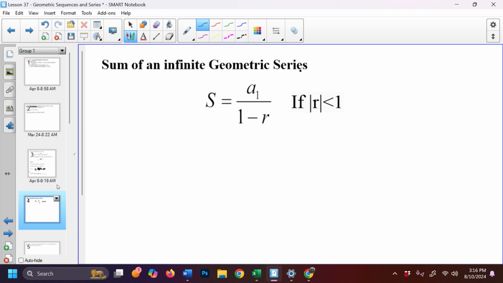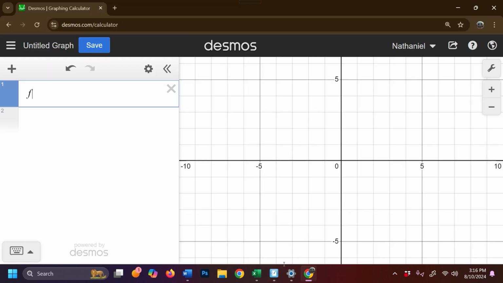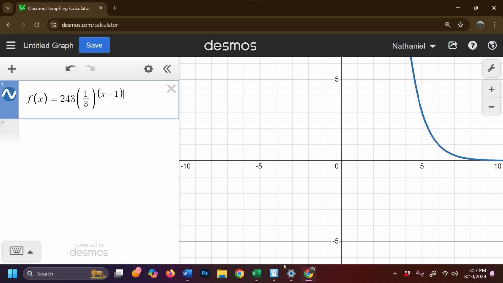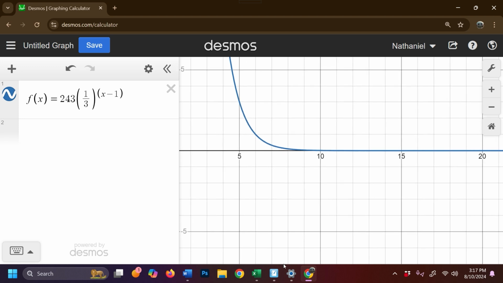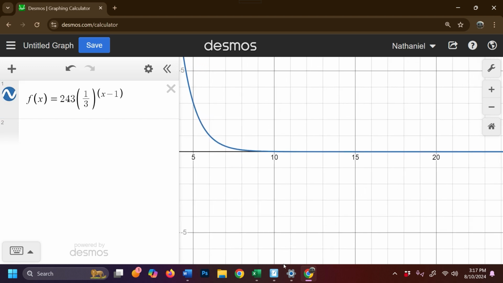But you can see very quickly. Let's just put that sequence into Desmos. f of x is equal to 243 times 1/3 raised to, and we need a parenthesis because we're going to go x minus 1 in the numerator. You can see really quickly that by the time I get to 15, I can't tell the difference in Desmos between the function and the x-axis.